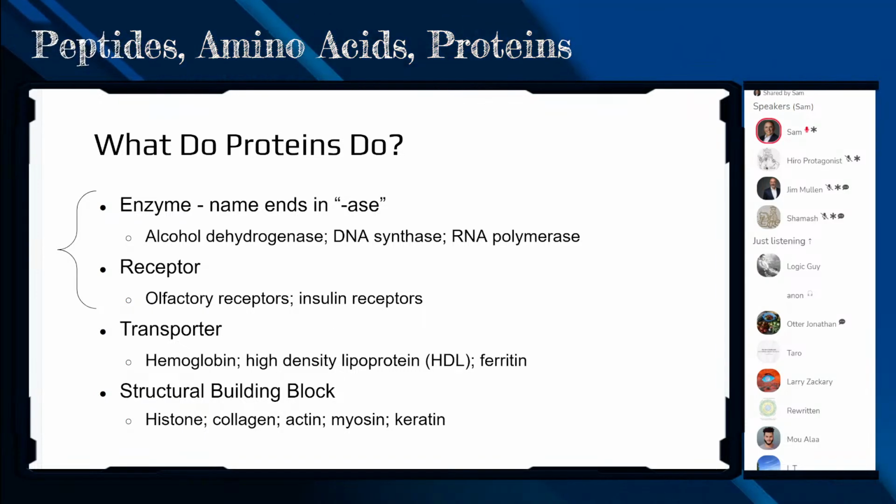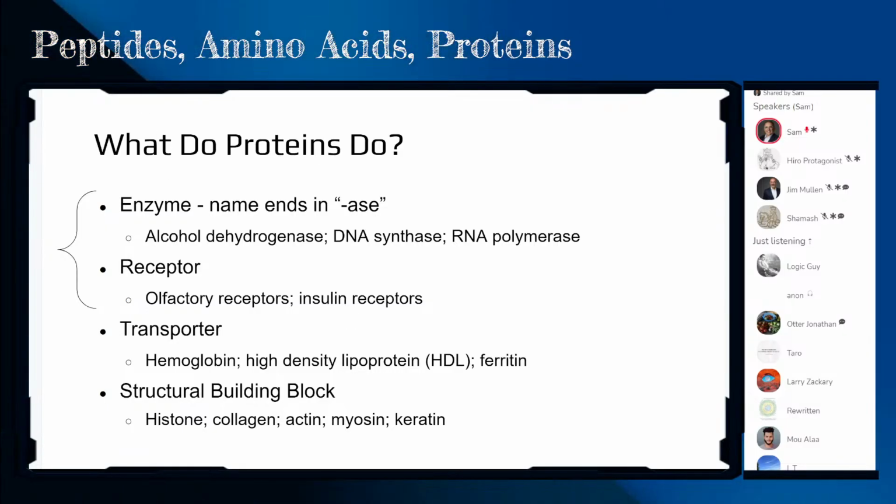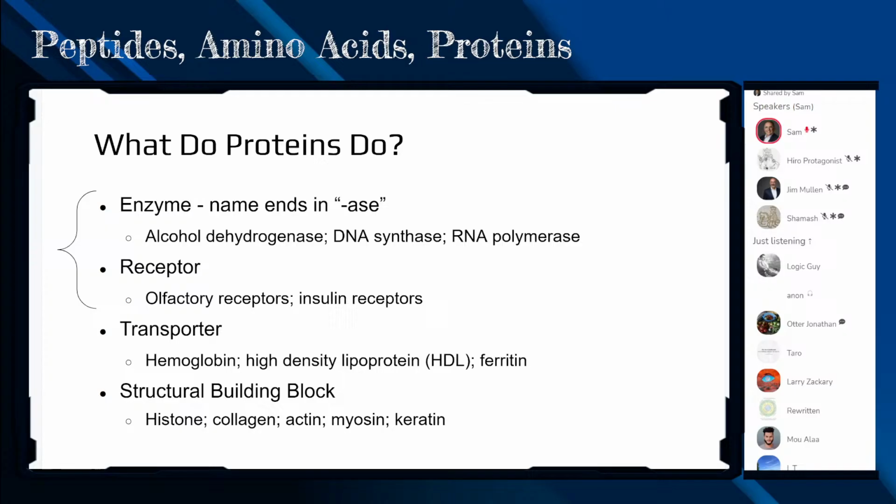So they're basically structural building blocks of the body, and their synthesis or metabolism is governed by steroids. And so the next chemistry series that I'm going to talk about is steroids, to see how they affect the metabolism of these things. So that's a preview of things to come.